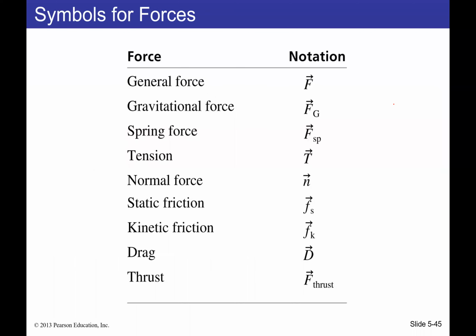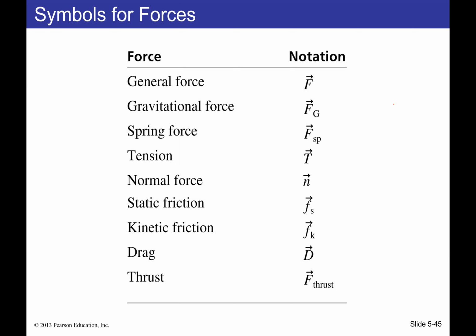All right, so to summarize what we learned: there is the general force F, then gravitational force, spring force, tension, normal force, static friction, kinetic friction, drag force, and thrust. And you can see each one has a very unique notation. So when we are drawing the diagram of the forces acting on the object, we should label them in such a way that it's easy for you to read and for someone else to see.